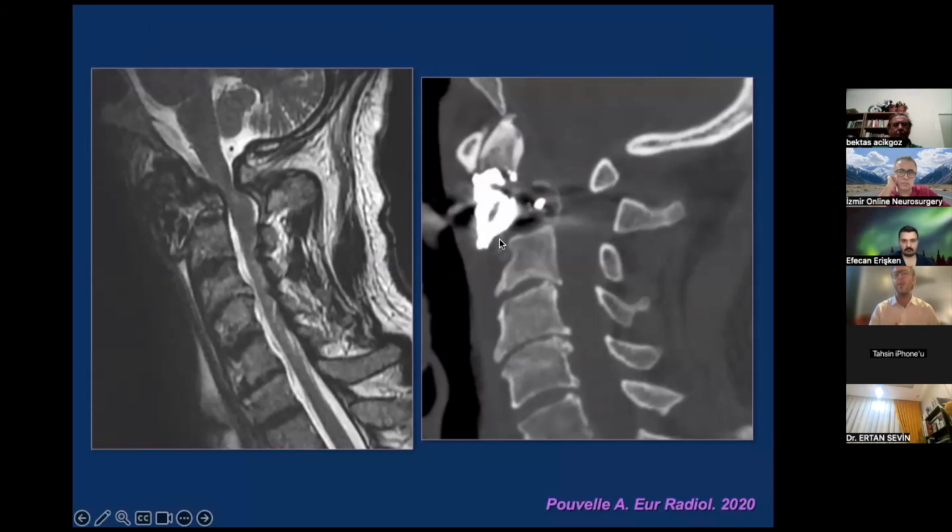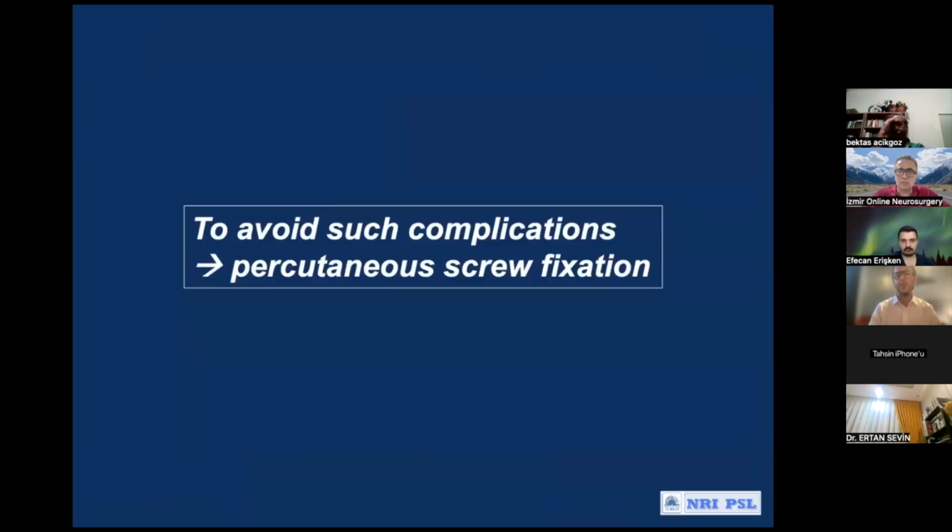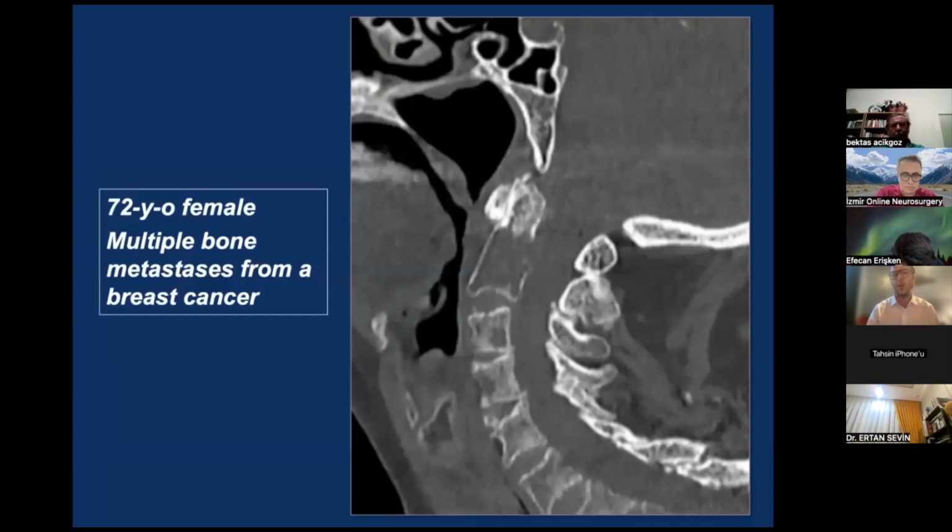So probably in this C2 osteolytic lesion, the cement is not enough because you have some flexion constraint, and not only, like for the other vertebra, the compression constraint. That's why, to avoid such a complication of a fracture below or through the cement cast, we now propose a percutaneous screw fixation of the C2 and odontoid process.